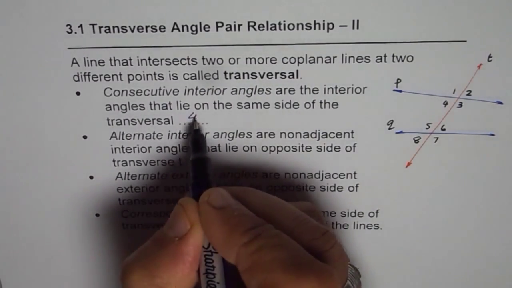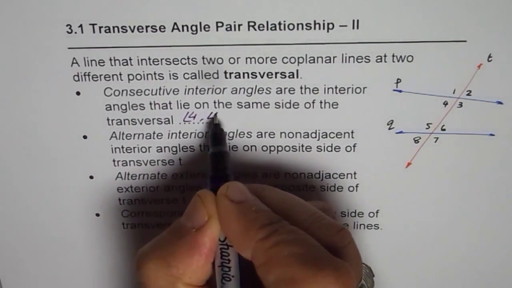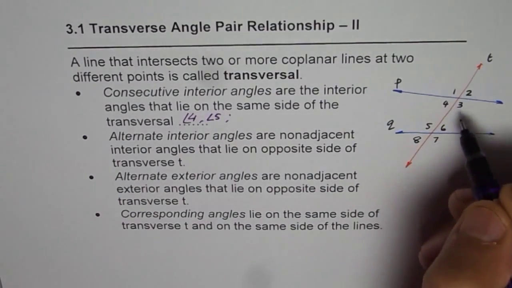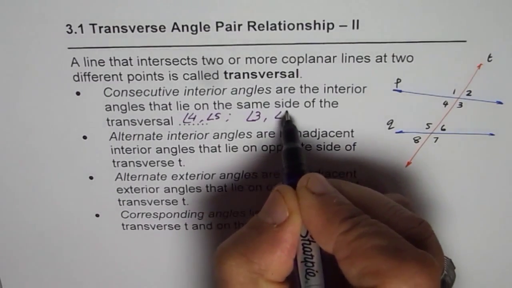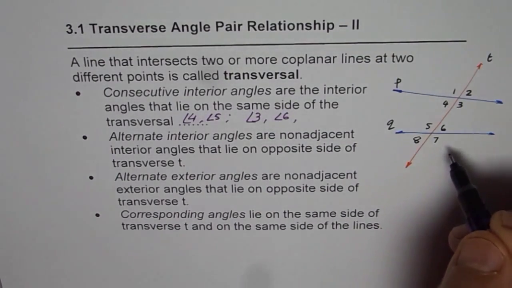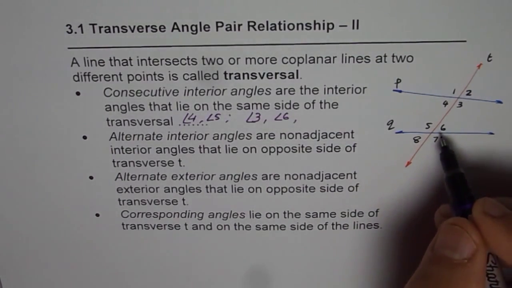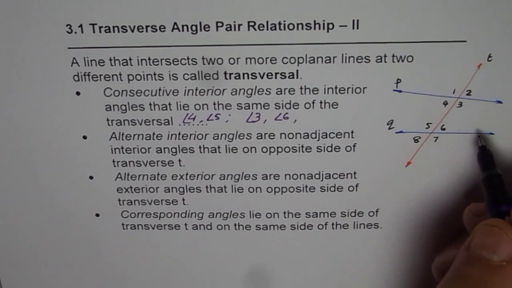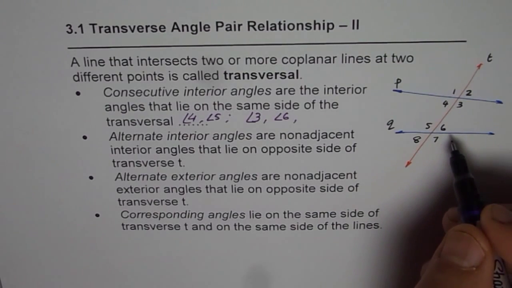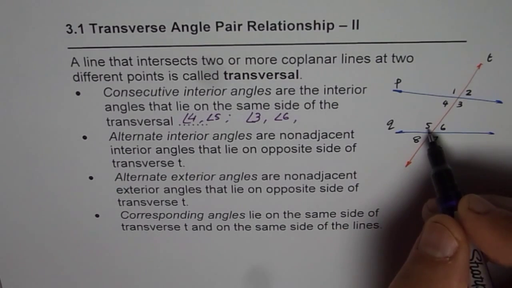So we have angle 4 and angle 5. That is one set. The other is 3 and 6. These are the consecutive interior angles, correct? So 3 and 6 are on the right side and 4 and 5 are on the left side, right?